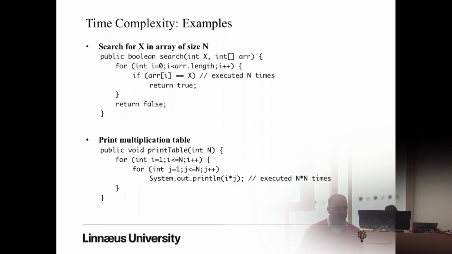If the size of the array is 10, the for loop will execute 10 times. If the size of the array is 100, then it will execute 100 times. So in that case, the time complexity of this simple search method is O of n, and n here is the size of the array or size of the input.